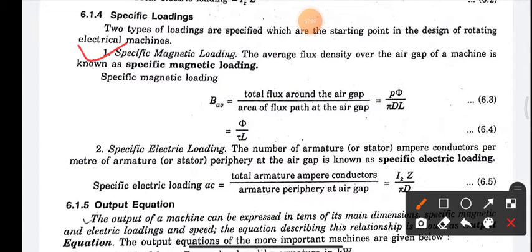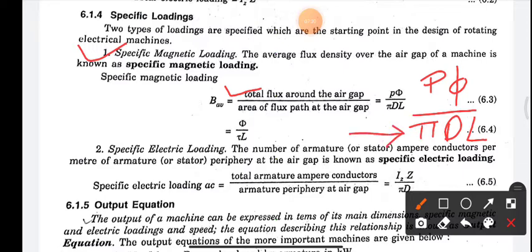Now we had seen what is magnetic loading. It was the total flux in the air gap, denoted by P phi. In the denominator, as it is a flux density, we will have an area, and the area is given by pi dl. How do we know this equation?